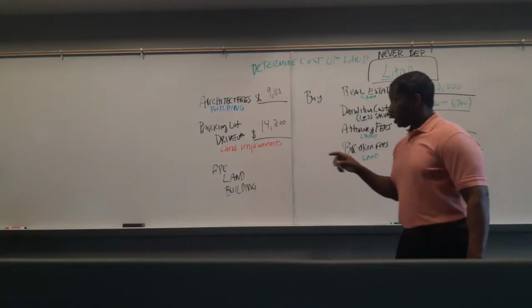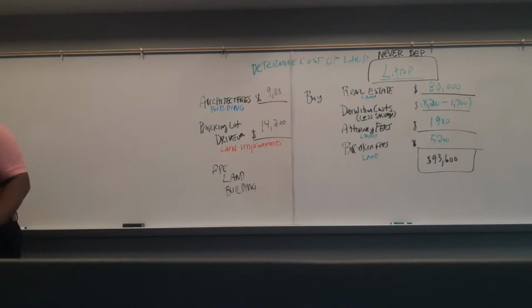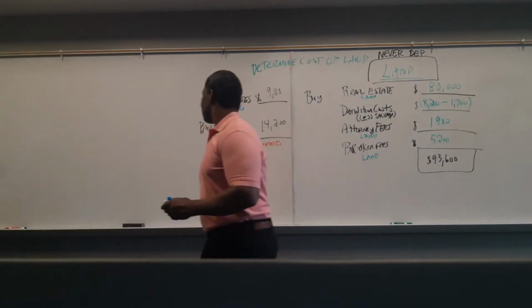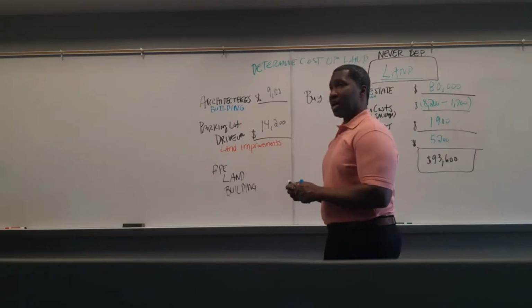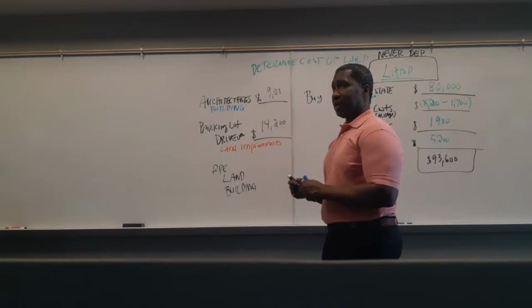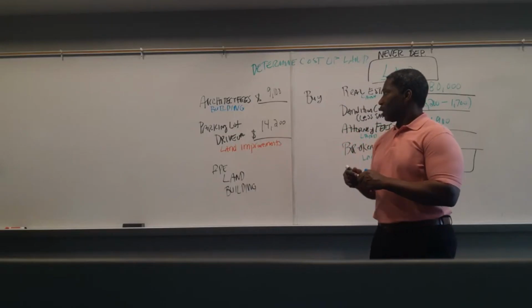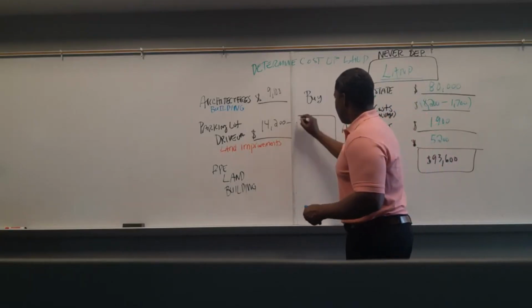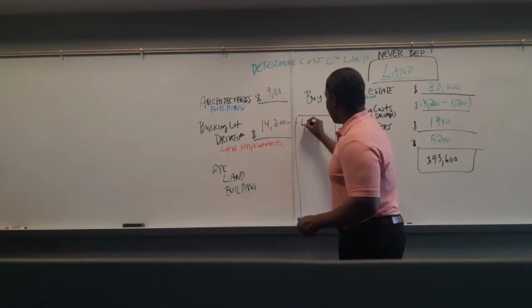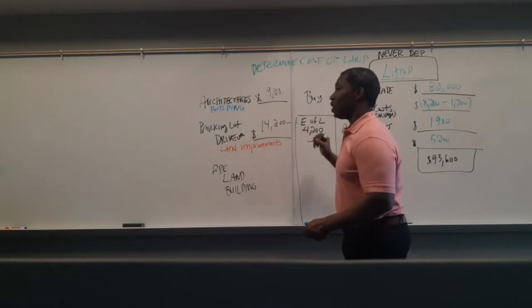Now, this parking lot costs $14,200. This is going to combine with the discussion we just had a second ago on depreciation, okay? This parking lot costs $14,200. Everybody good with that? Now, we know that they only last for a certain amount of time, so we're going to call it the life. At the end of life of this parking lot here, we know that it's going to be worth $4,200, okay?